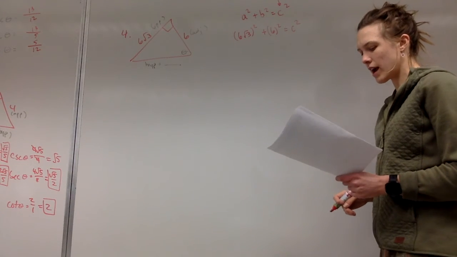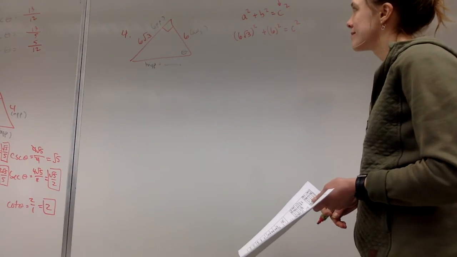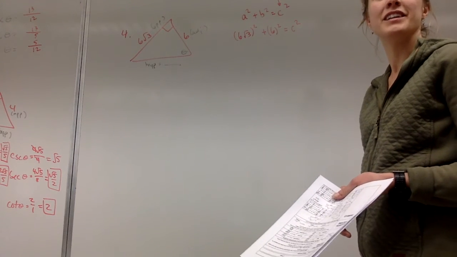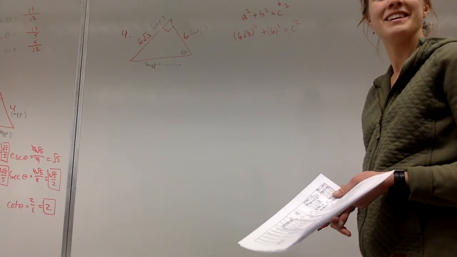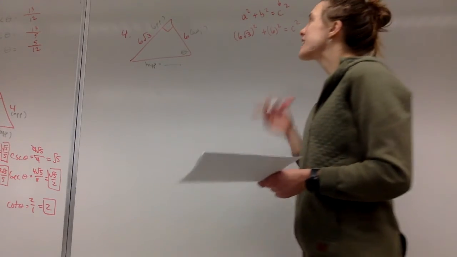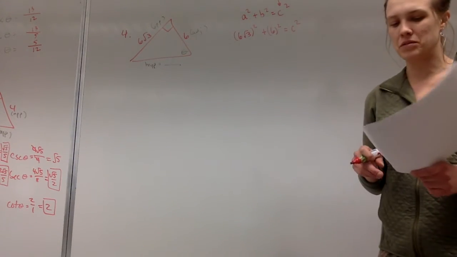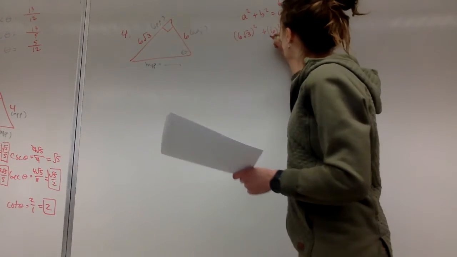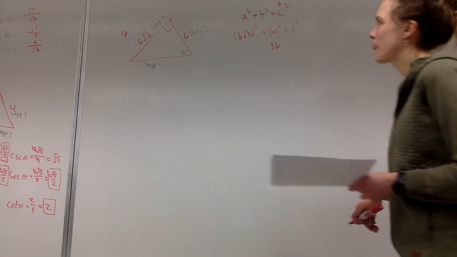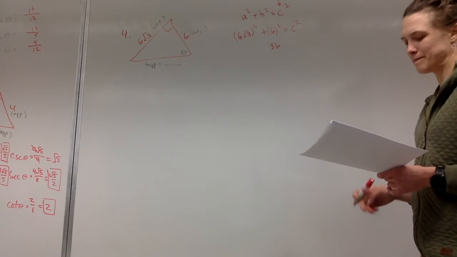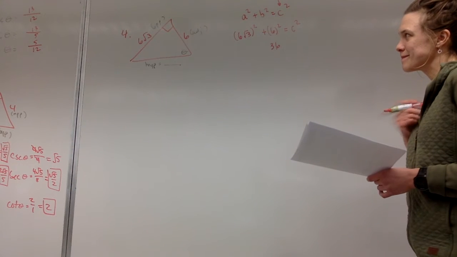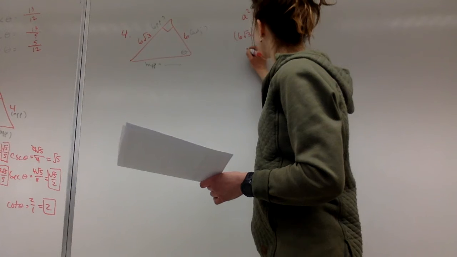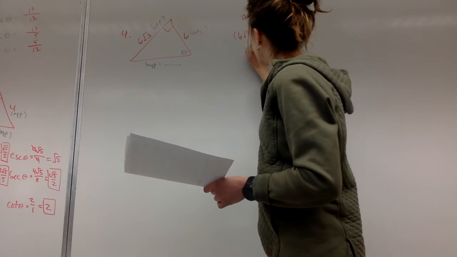So what is 6 radical 3 squared? Let's do it not as a decimal. Oh, we got 36 here. And then this would be 12.